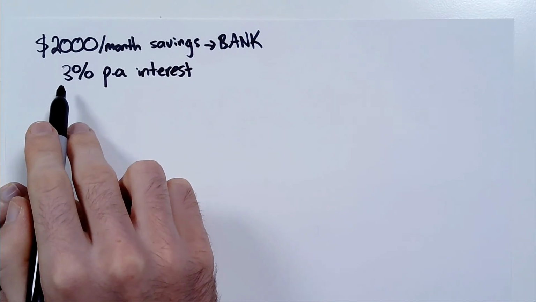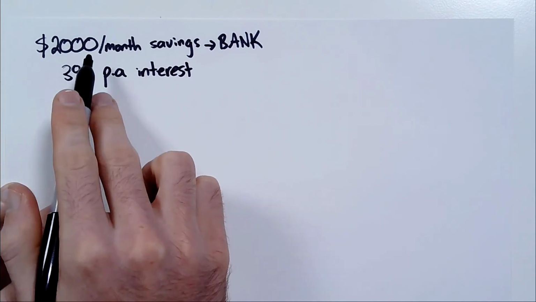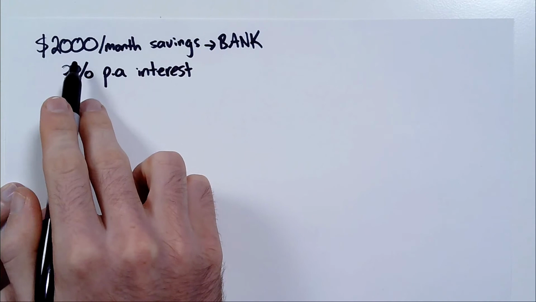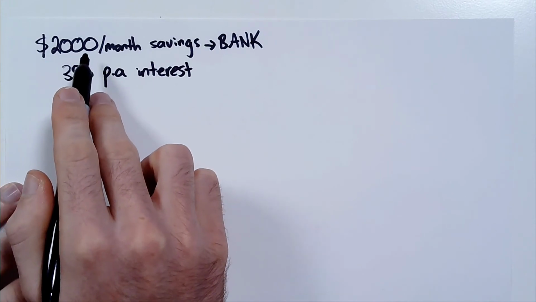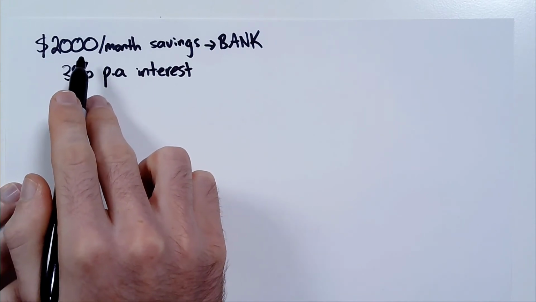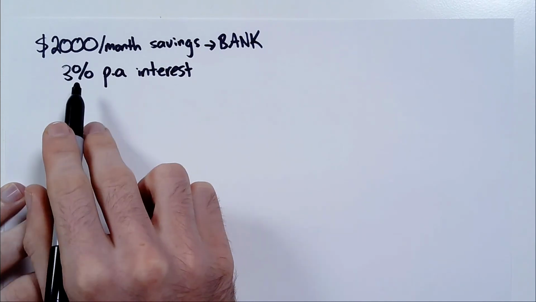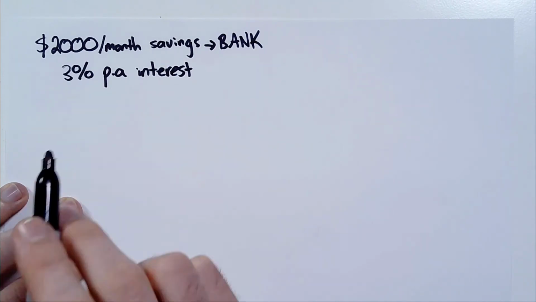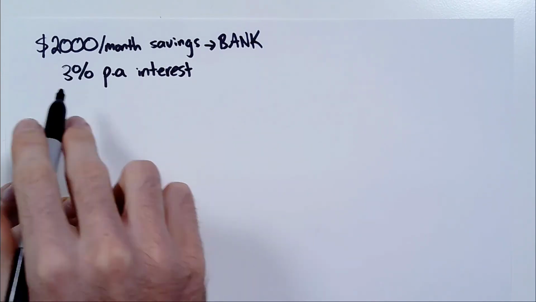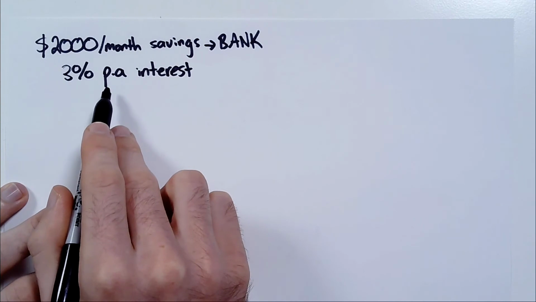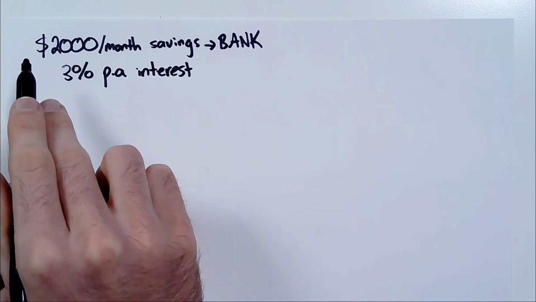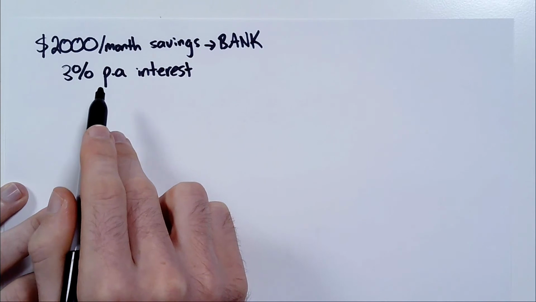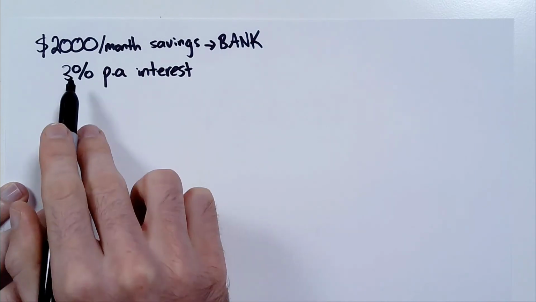And 3% is, I believe, $60, right? Because 10% is $200, therefore 1% is $20. So 3 times 1% is going to lead you to $60. So if you put $2,000 in the bank at the start of the year at this interest rate and do nothing else, you would walk away at the end of the year with $2,060.